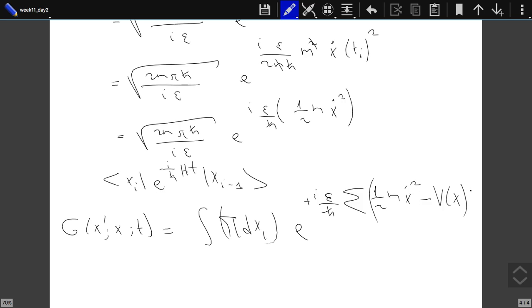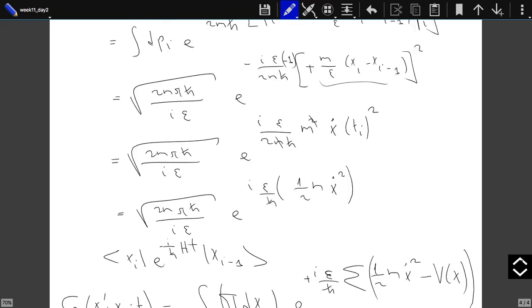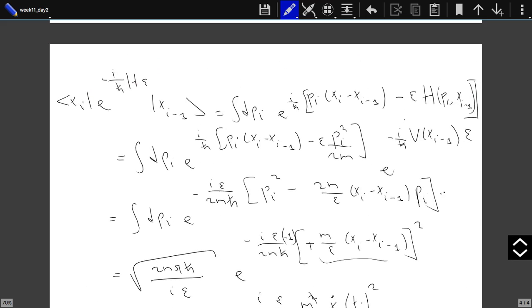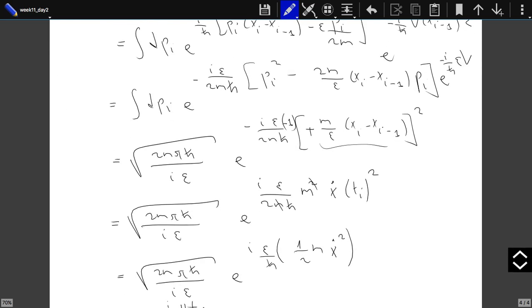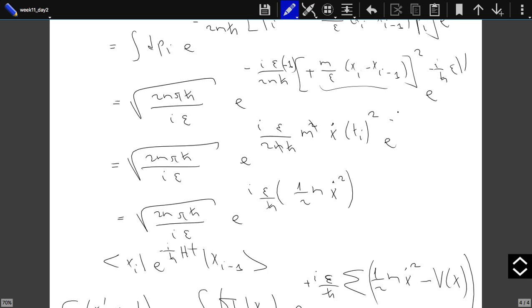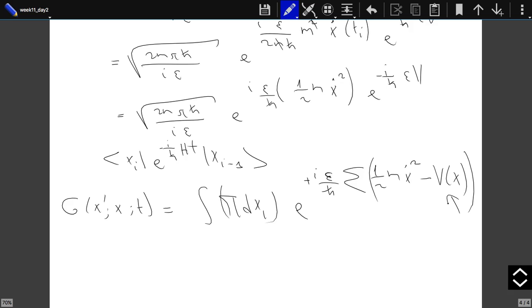Now V of x, I forgot to write over here. I have this e to the power minus i over h bar epsilon V. So that's why I still have this one. Now it is the Lagrangian. 1 over 2 m v squared minus the potential.